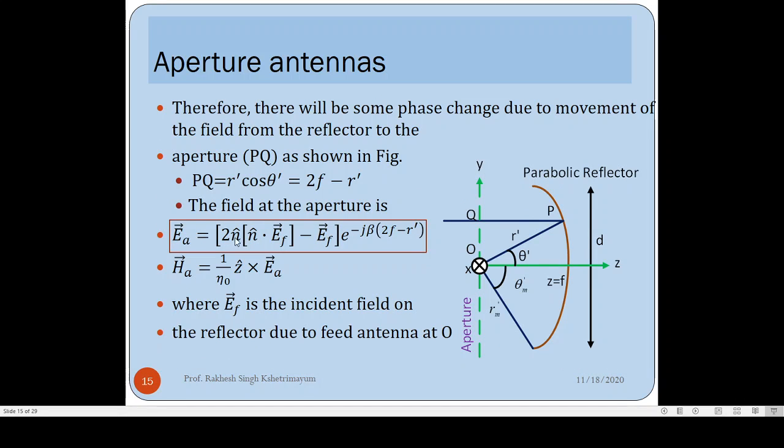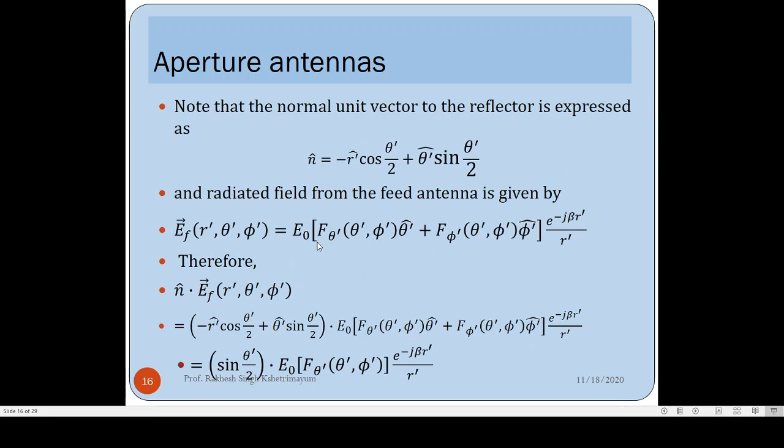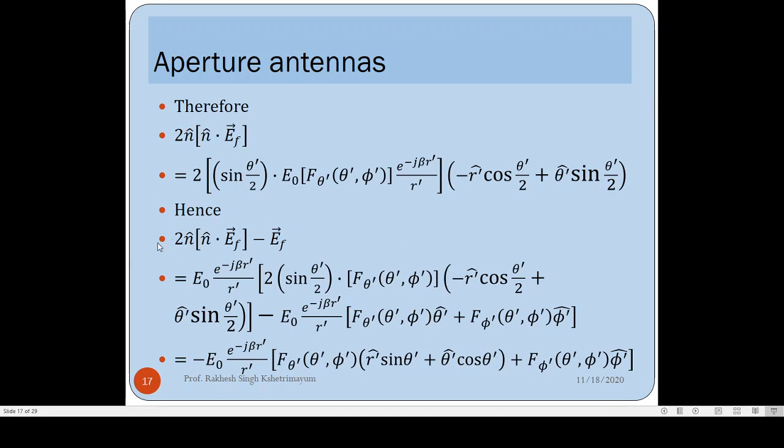You have 2n n dot EF minus EF. So we want to find that. Then you do minus EF. Finally the expression turns out to be something like this: minus E naught exponential minus j beta r dash by r dash, F theta dash r dash unit vector sine theta dash, unit vector cos theta dash plus F phi dash phi dash unit vector.